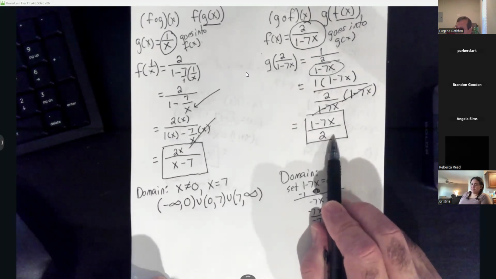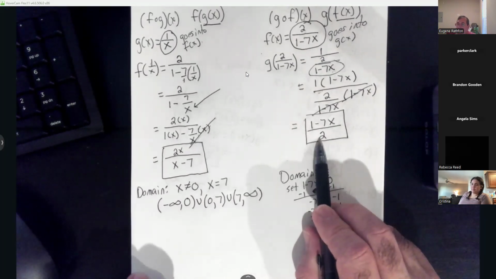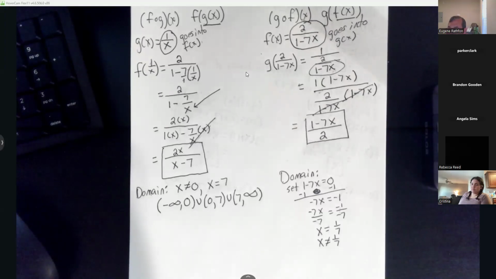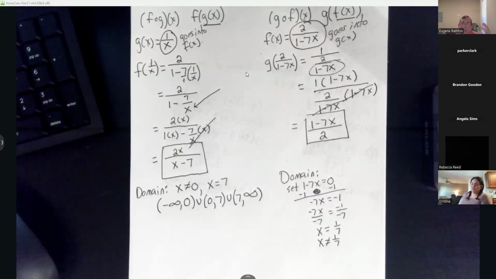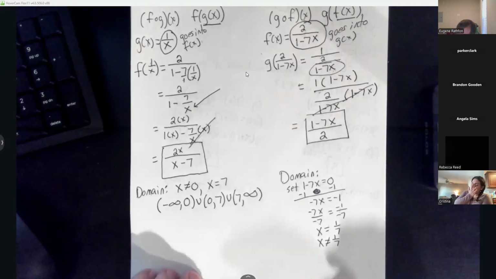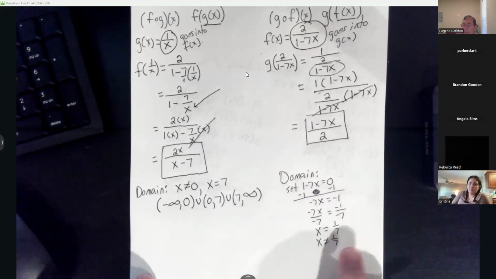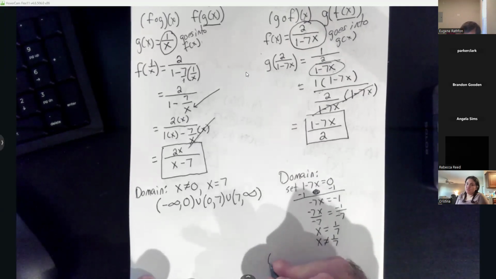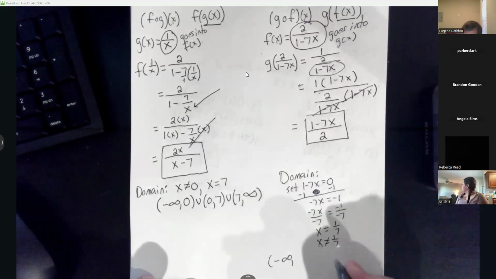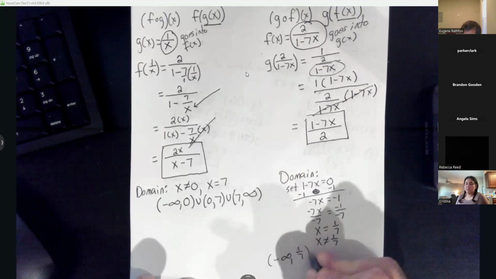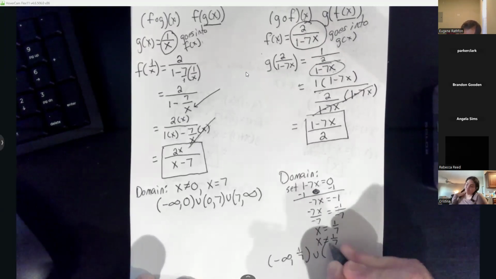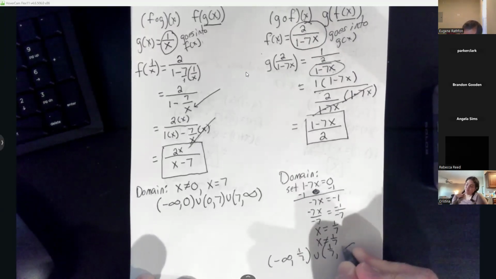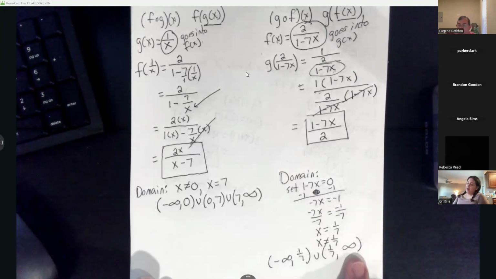So since there's not a variable down here, you can't turn that 2 into a 0, can you? No. So since I cannot turn that 2 into a 0, the only number we have to exclude is that 1/7. So y'all, this domain will go negative infinity to 1/7, union 1/7 to positive infinity.